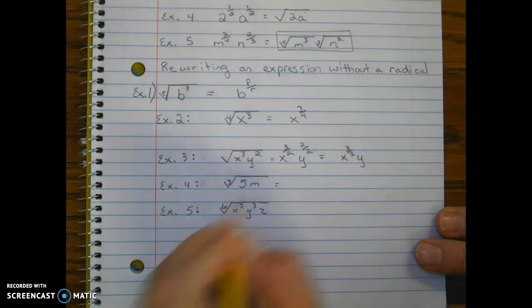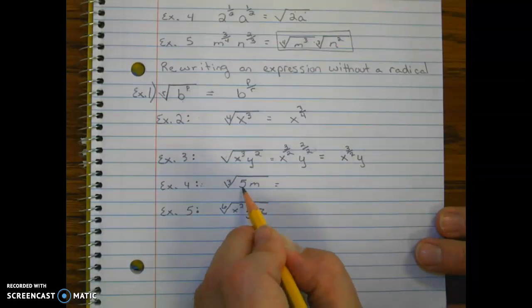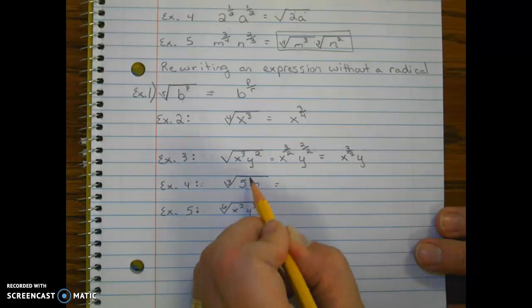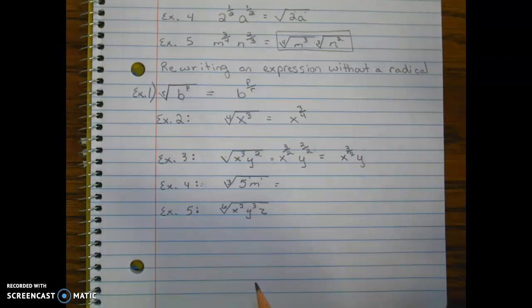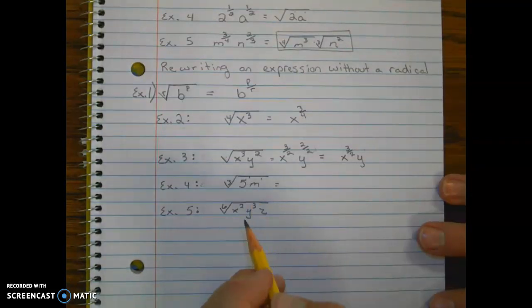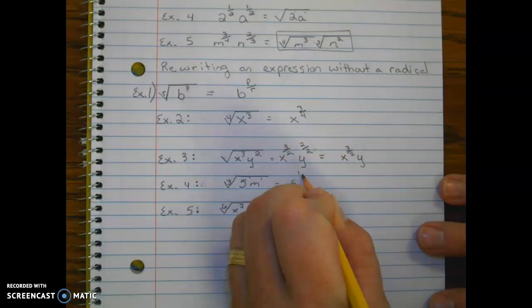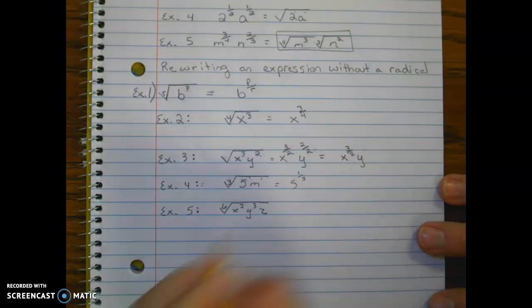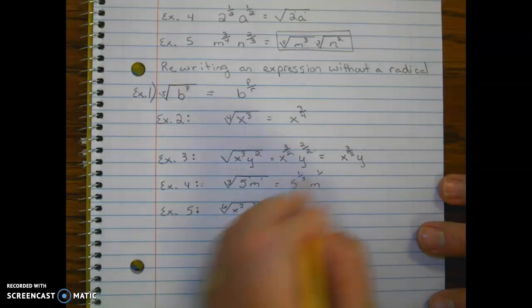Next example, we have two radicands. Remember, you've got to take each one separately. Or, since 5 is to the first power and m is to the first power, we could group them together. Let me show you them separate, and then grouped. 5, power root, m, power root.